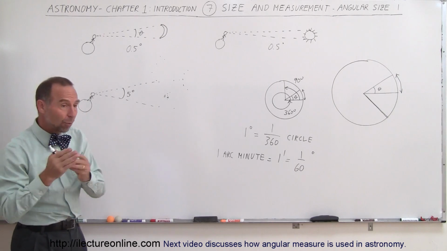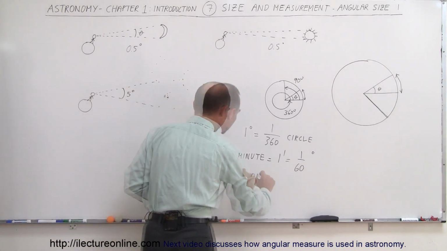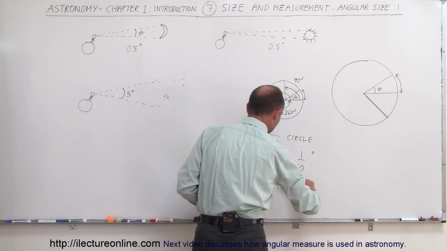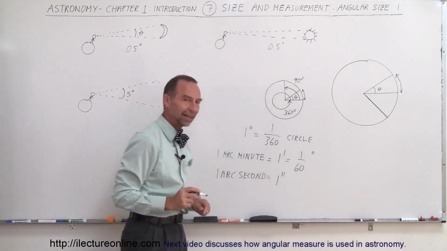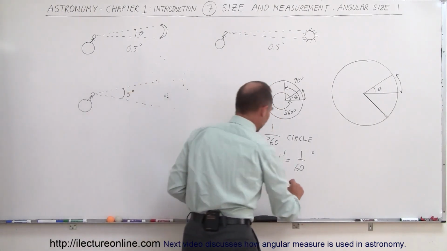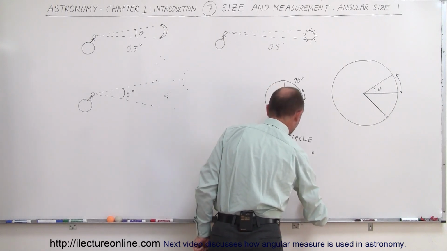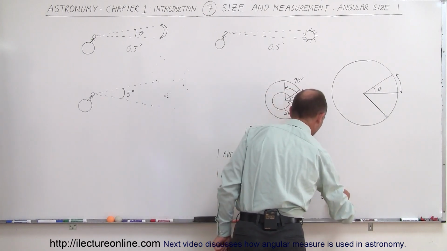And then we have even smaller angular size that we use in astronomy. We call it 1 arc second. And notice that is equal to 1/60th, or maybe I'll write it like this first. First of all, the notation would be 1 with 2 dashes like that. And so this is equal to 1/60th of an arc minute.